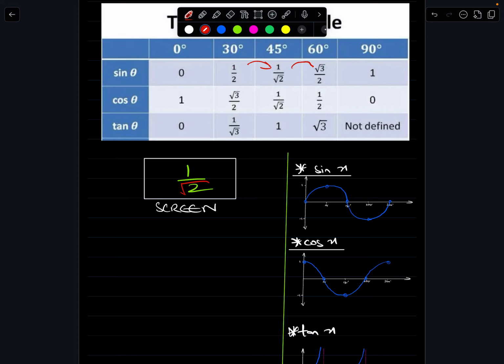I'll move to the right once again to reach 60. The root will move one place up again, and once it reaches the top, it becomes root 3, not root 1, because root 1 is 1. There's no logic behind this, there's only imagination.